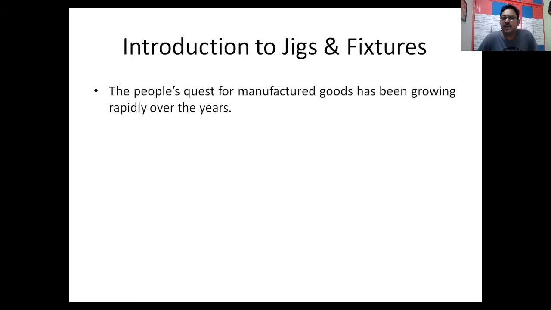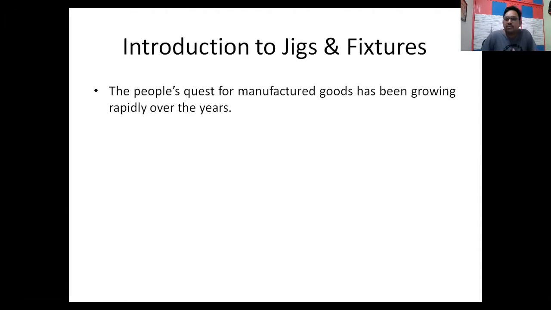They have to supply these goods as per the demand. The reason is that people's quest for manufactured goods has been increasing rapidly over the years. Therefore, there is a demand for manufactured goods, and the manufacturing industry should manufacture the goods at a faster rate, in such a way that they satisfy the customer needs.